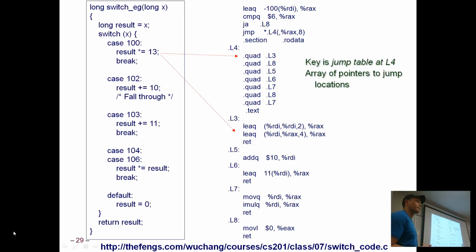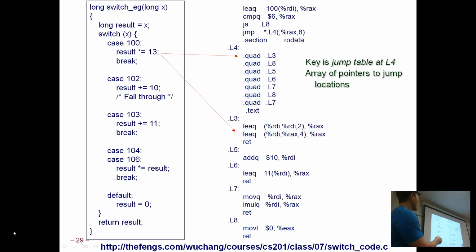Let's walk through it with an example where x is 102. I subtract 100 off of that, so now RAX is 2. I compare 2 to 6, and 2 is not going to be above 6. So then it's going to multiply 2 by 8 and add that to .L4.